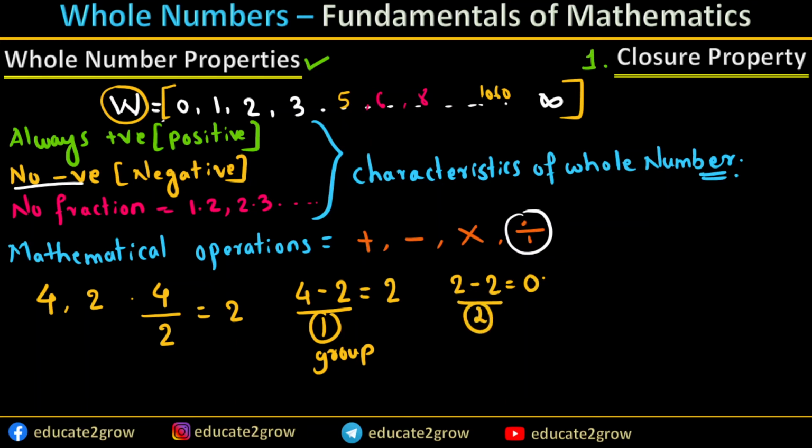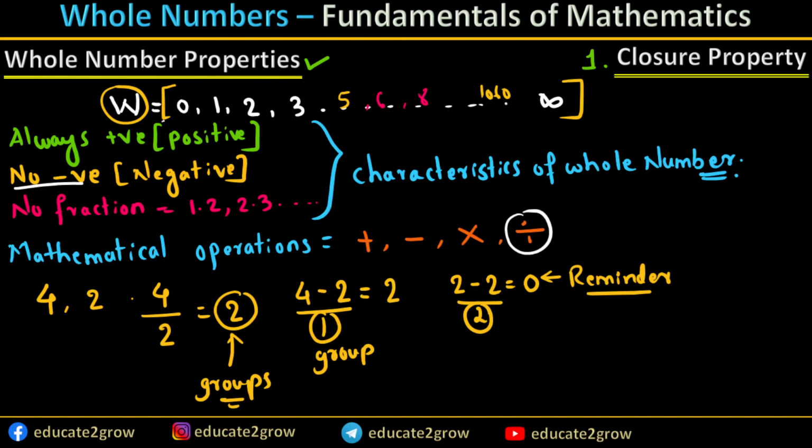At the end of the calculation we get 0, so this is called a remainder. Always in division we need to look for a remainder of 0, and the number of groups after which we get 0 is the result. These are the 2 groups. So this is just a basic understanding.